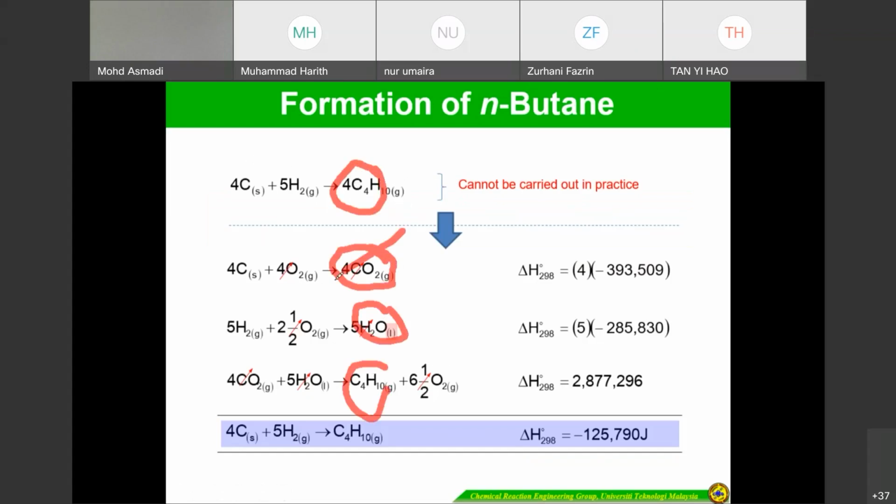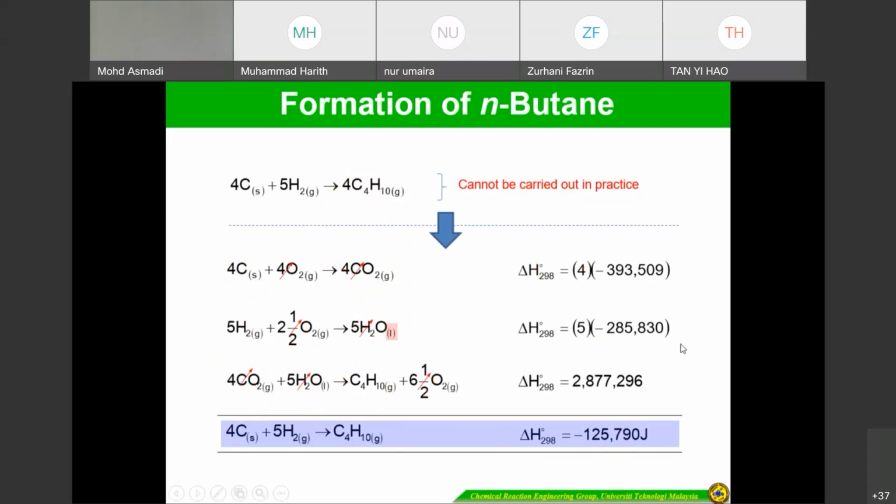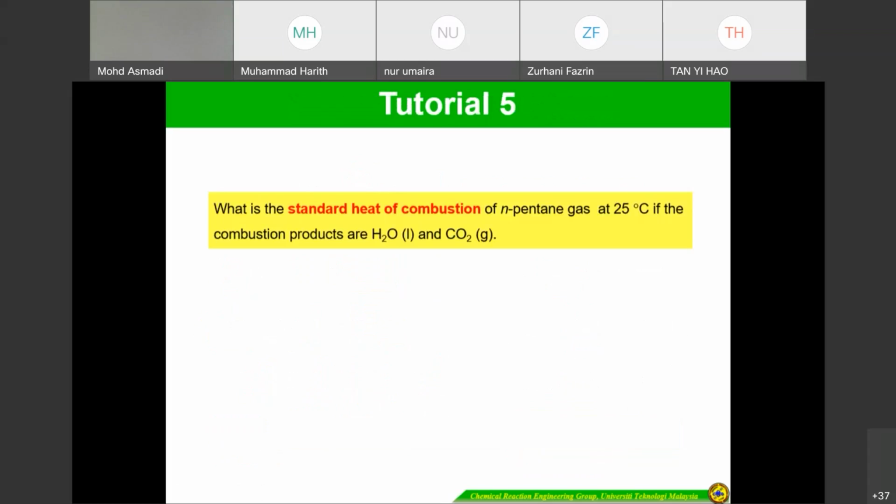So this one we can cancel out, right? So just make it as a full reaction and you can calculate. This is formation 4, this is 4, and this is 5. This one is 4. So you can get this is 1 because this is 1. So you can get the answer. Similar to the heat of reactions, we need the data of the heat of formation.